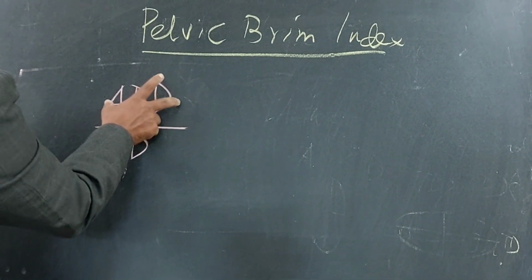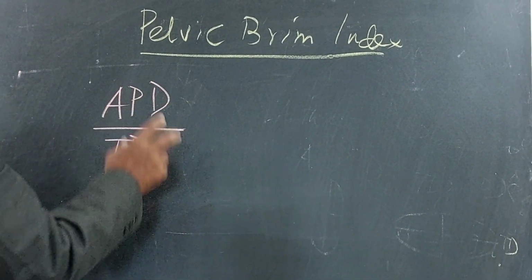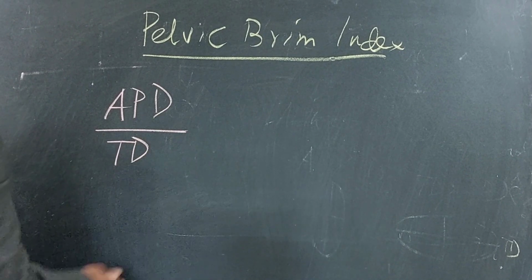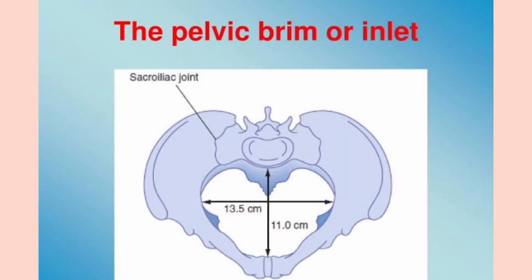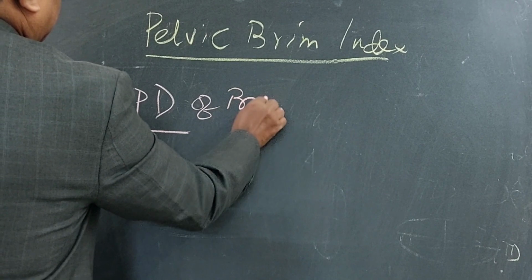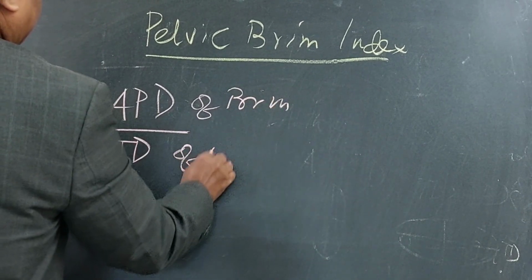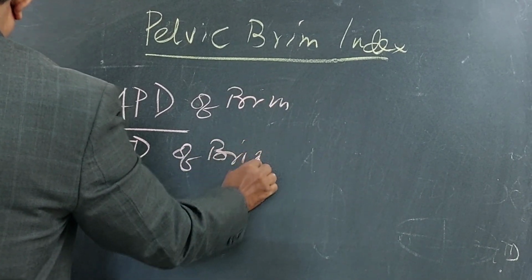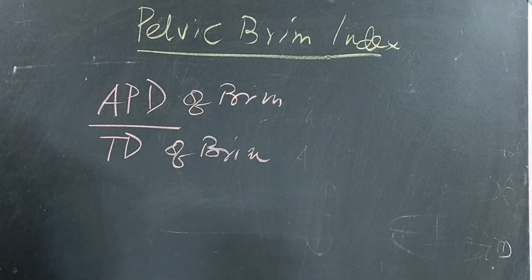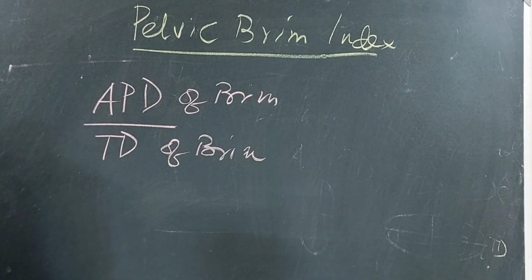We know that in the brim there are three anteroposterior diameters: the anatomical or true conjugate, the obstetric conjugate and the diagonal conjugate, but here we will measure only the true anatomical conjugate. So the APD of the brim and also the transverse diameter of the brim. This is called the pelvic brim index.